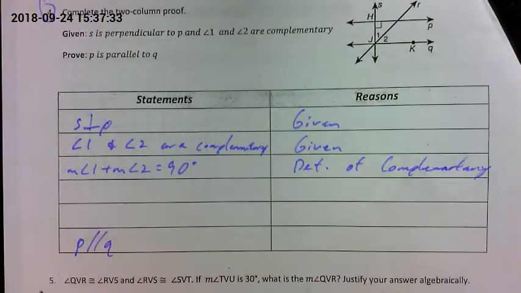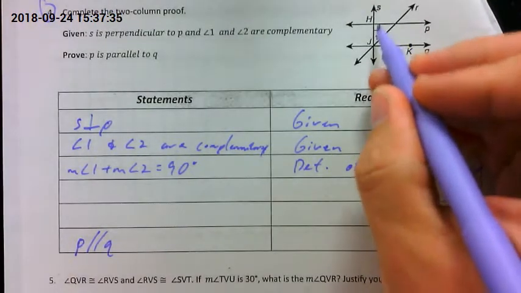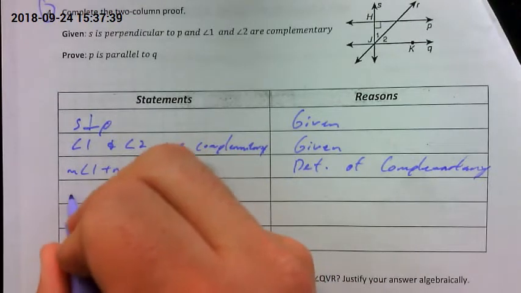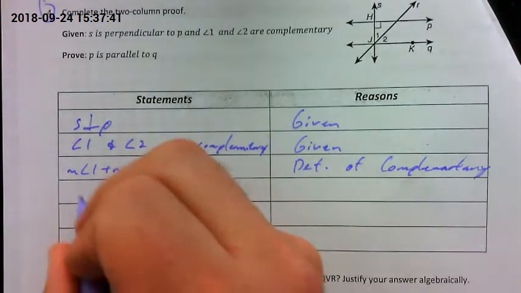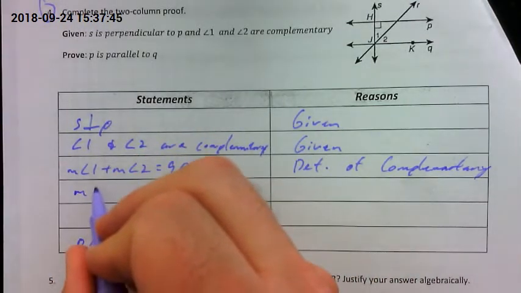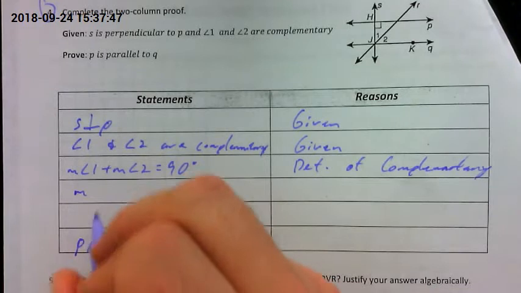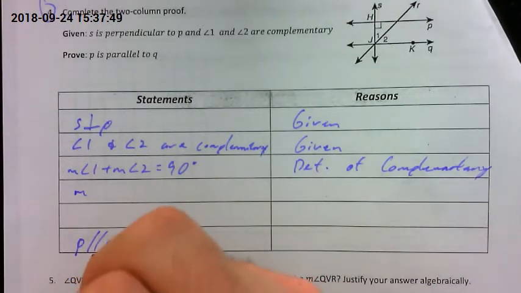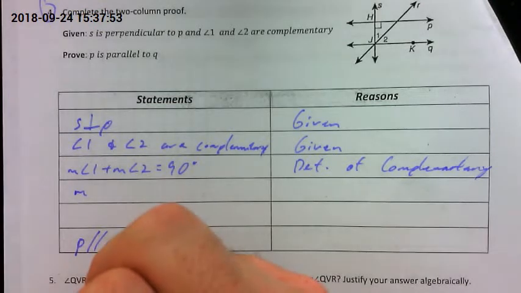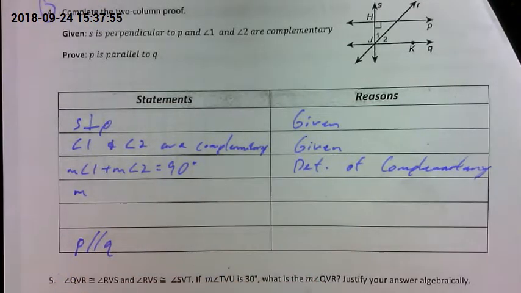If those two are equal to 90, then we know that this is a right angle, right? So angle, man, really you should write this out as a separate step though. Measure of, man, I feel like this is way too short.